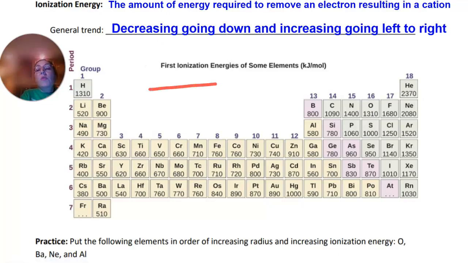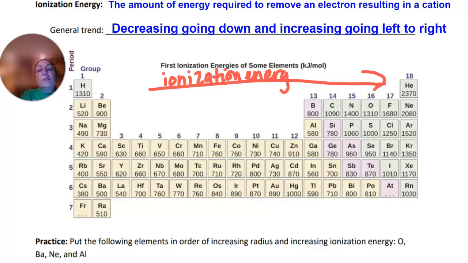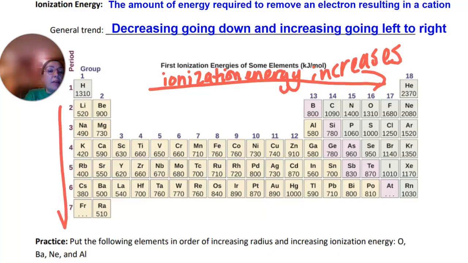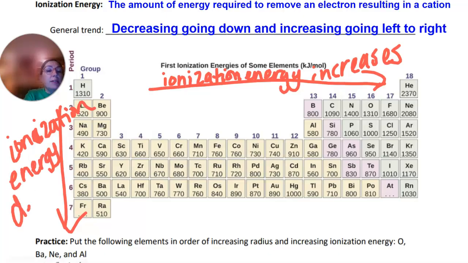Okay, so going left to right, ionization energy increases. And going down the table, ionization energy decreases.